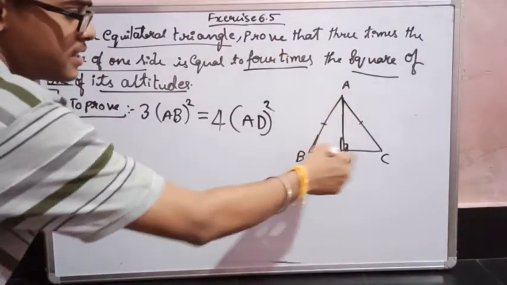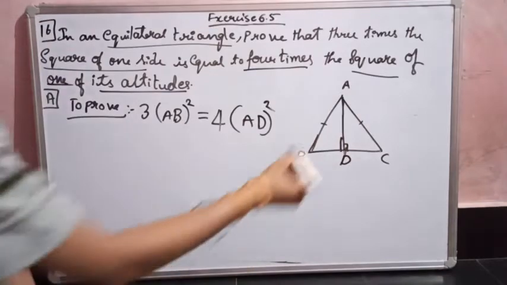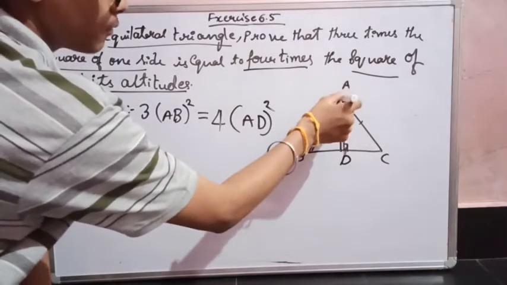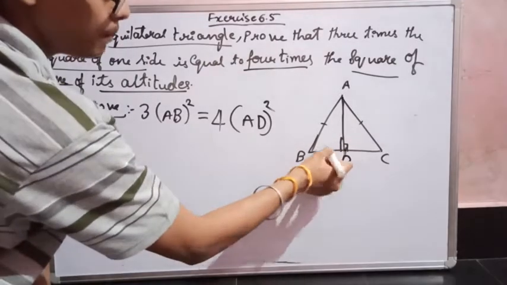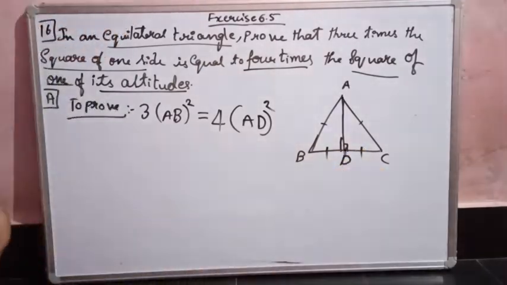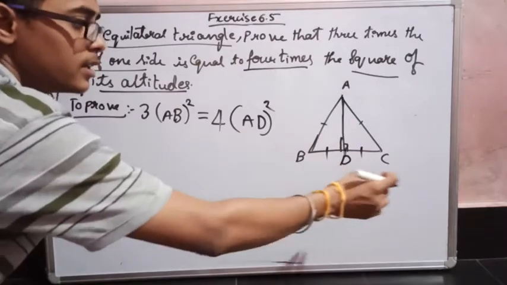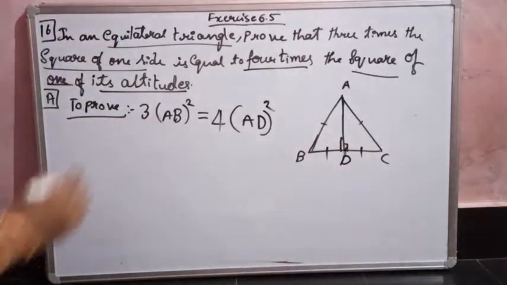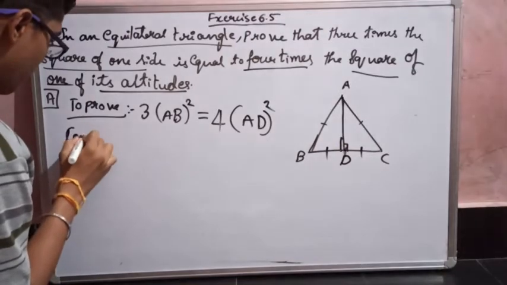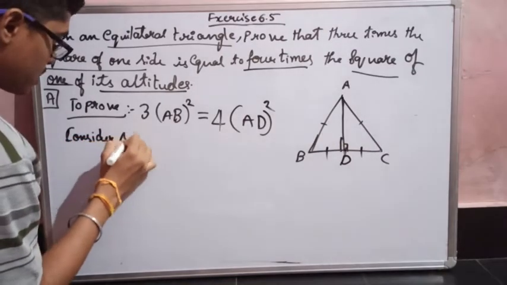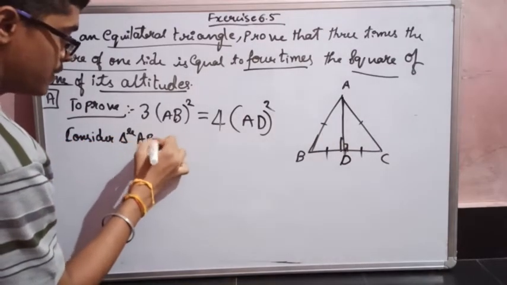Well, since this is an equilateral triangle, we know that any line drawn from one point perpendicular to the opposite side will act as a median and will bisect that side into 2 equal parts. Meaning here we have BD equals DC. Okay, that is the condition. Consider triangle ABC as shown.